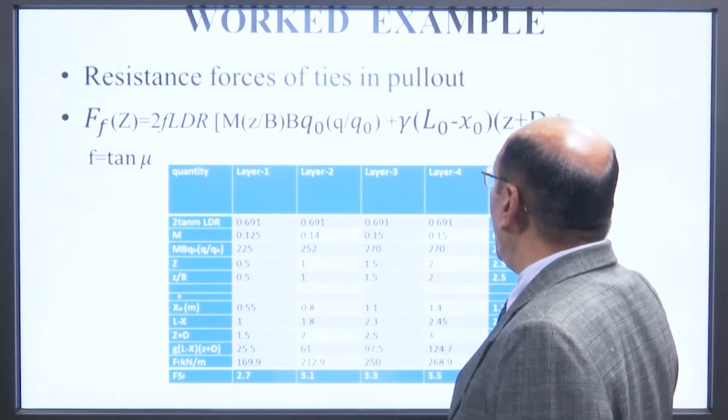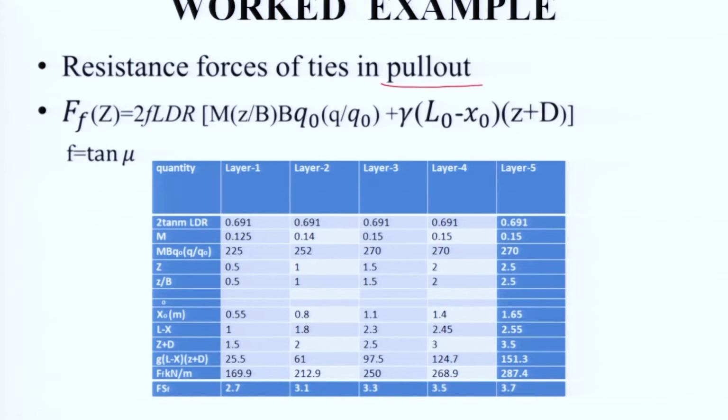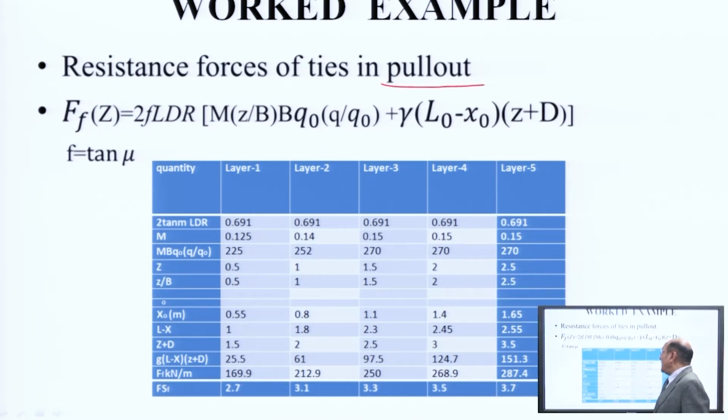So the resistance force of the tie in pull out will be given by F_Z equal to 2 f LDR M Z by B into B q0 into q by q0 plus gamma A0 and X0, Z plus D. Here A0 is the length measured from the center of the vertical stresses to the point where stresses are 1% of the total stress.